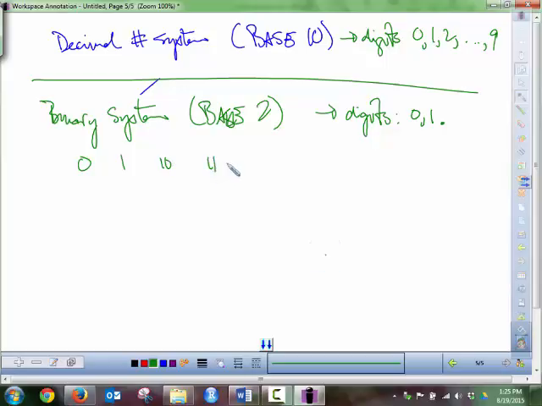Three, and then now you're out of digits again, so you get a 4. 5, 6, 7, now you're out of digits again, 8.